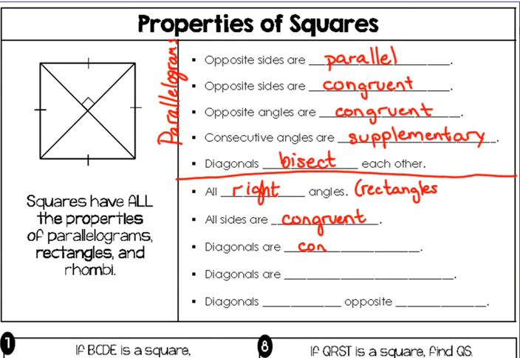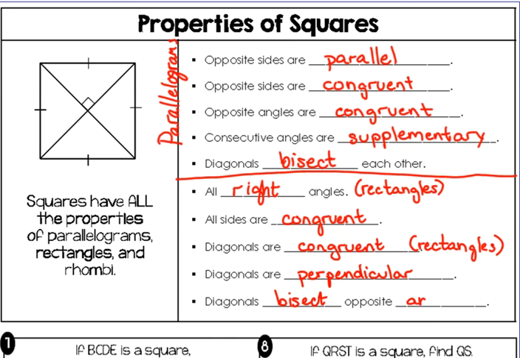Diagonals are congruent. That came from rectangles. That was not true about rhombi, but it is true about rectangles. The diagonals are congruent. The diagonals are perpendicular. That's from rhombi. And diagonals bisect opposite angles.